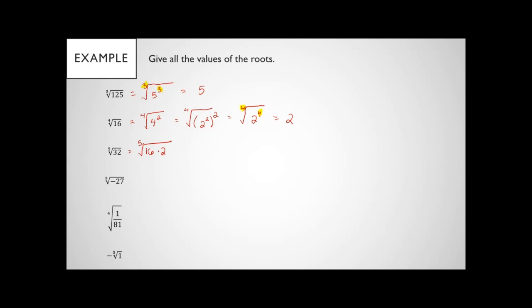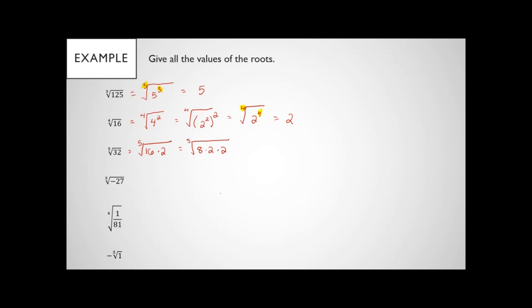We want to try to get an exponent of 5 here. I don't have anything with an exponent of 5, but let's try splitting 16 up. I know that 16 is 8 times 2, so I can split that up. Still not there. I've got 2 2's, so that's 2 squared, but I'm not anywhere where I need to go.